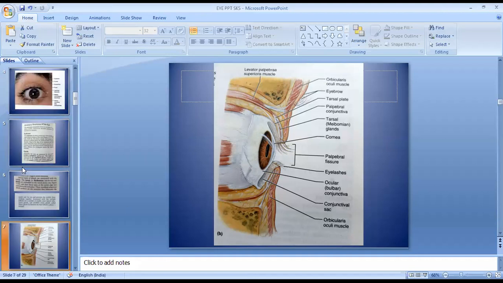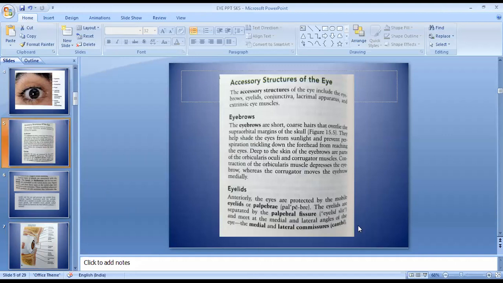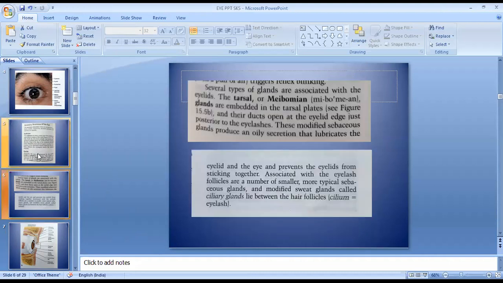Now, these eyelids, apart from protecting the anterior part, serve another important function: several types of glands are associated with the eyelids.